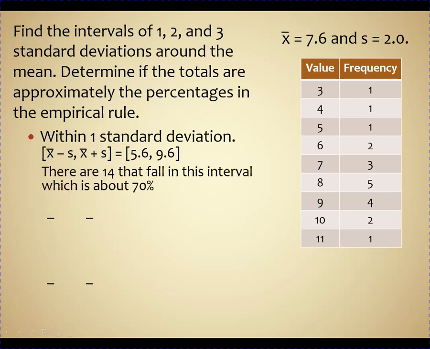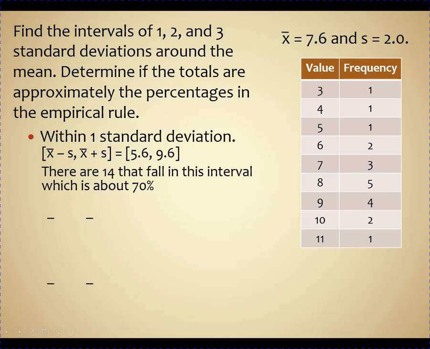There are 14, so we could look over here. All these are whole numbers, so we want numbers between 6 and 9. So we have 2 6s, plus 3 is 5, plus 5 is 10, plus 4 is 14. And that's 70% of our data.